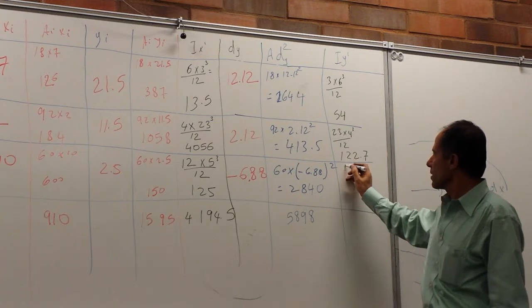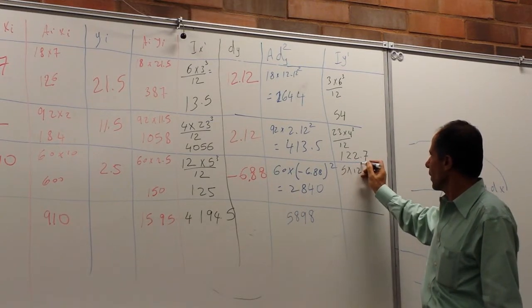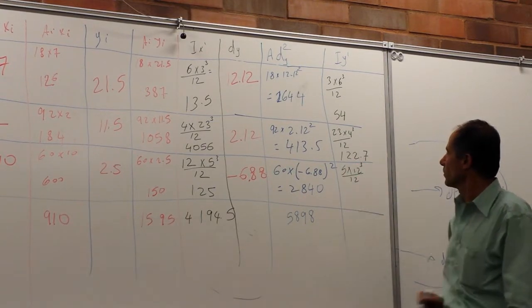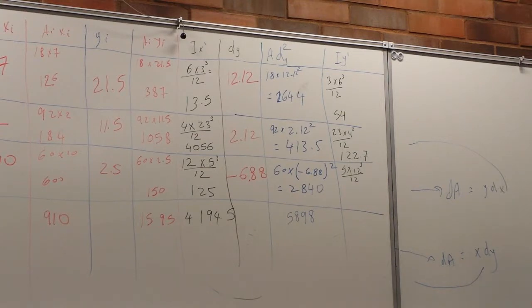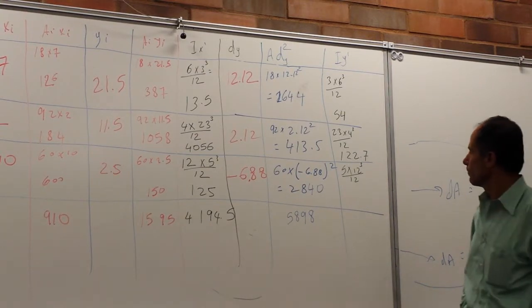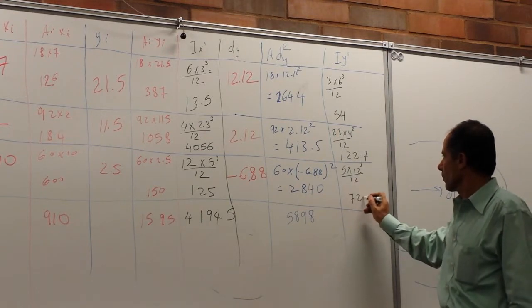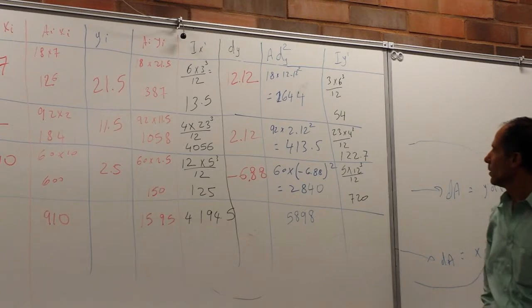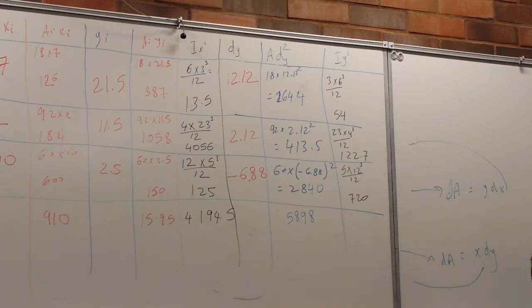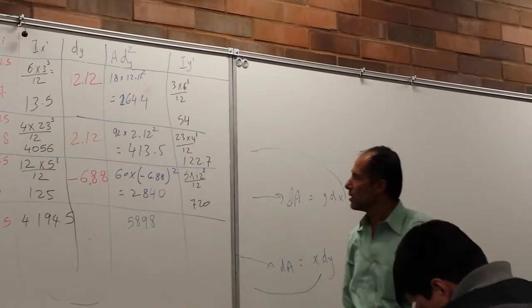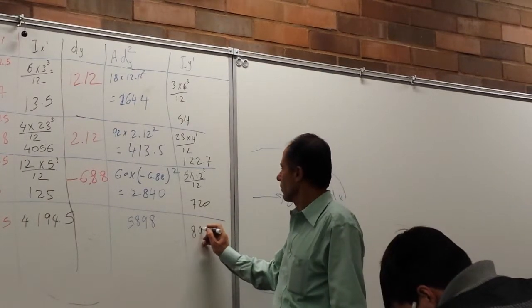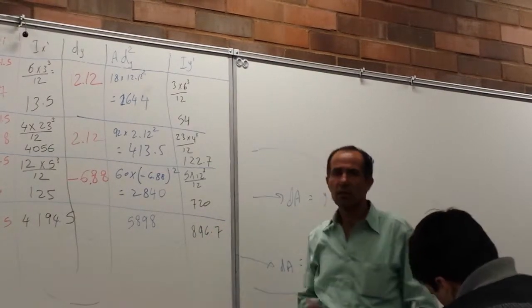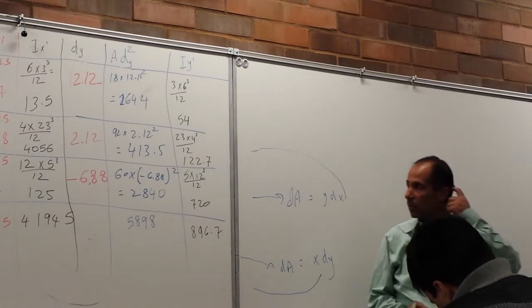The last one is 5 times 12 cubed over 12, 720. Total: 896.7, correct? Yes.